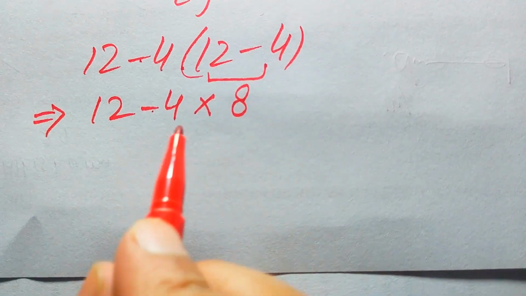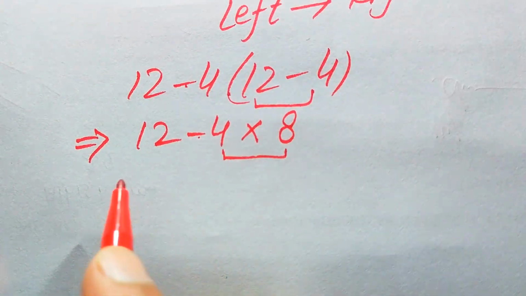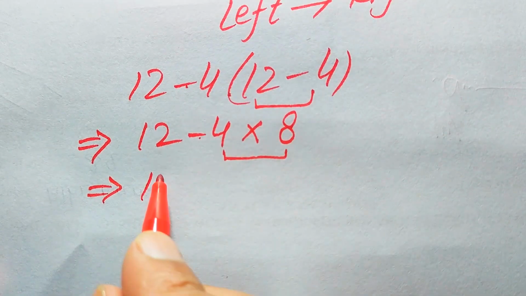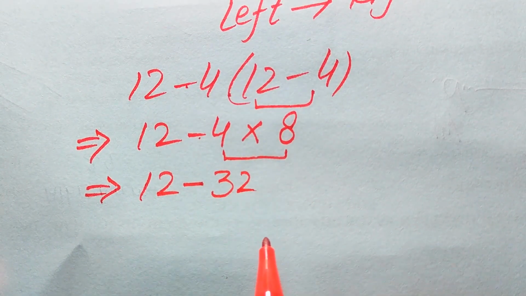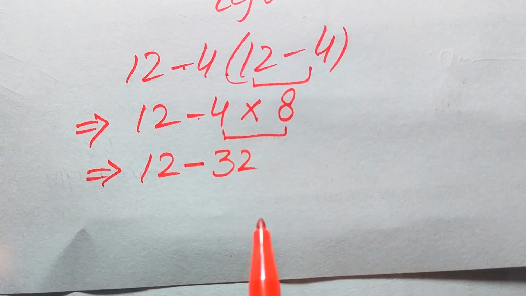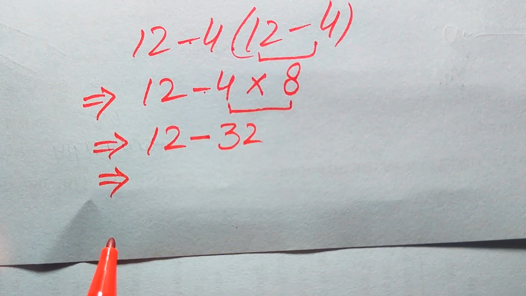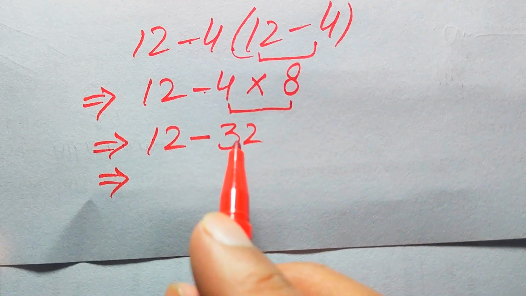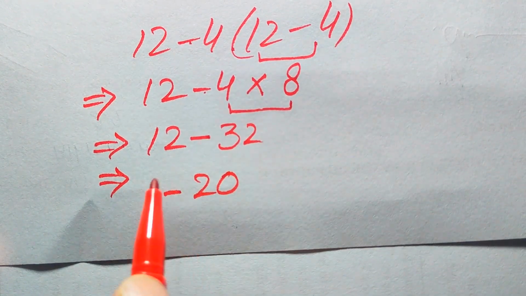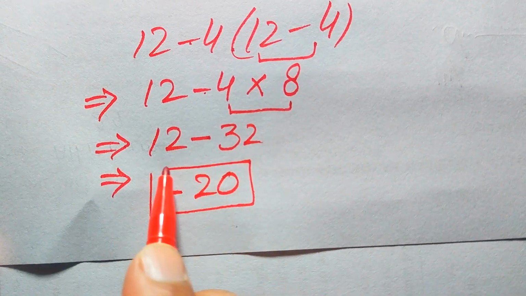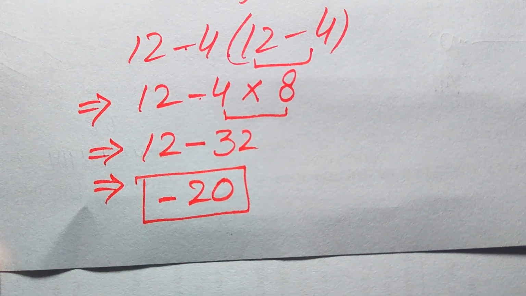It means that first we need to simplify the multiplication term, and 4 times 8 becomes 32. Here we subtract these two values and we get 12 minus 32 equals minus 20. So this is our final answer to this question.